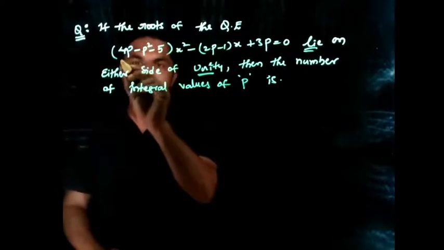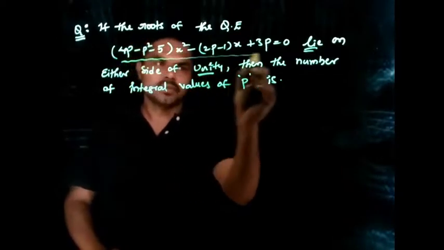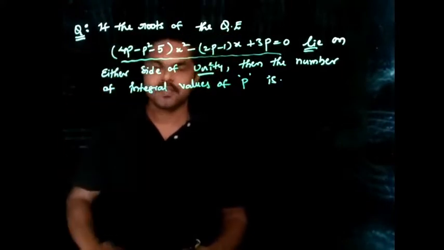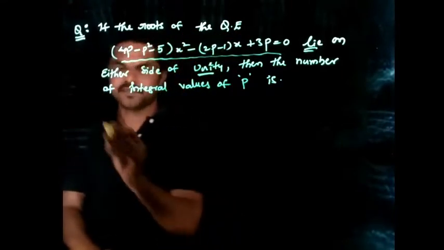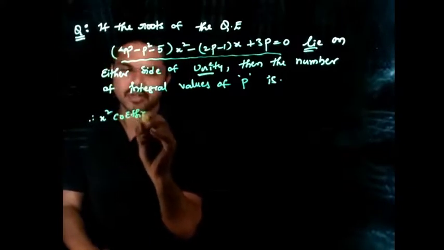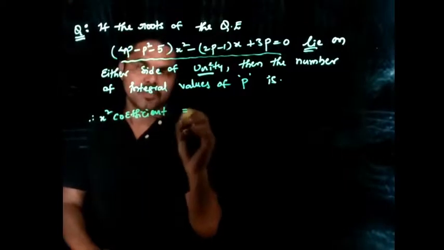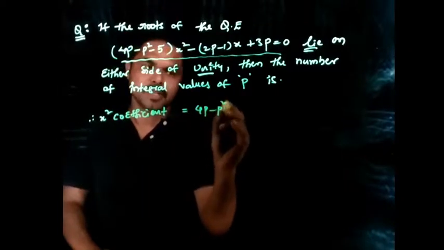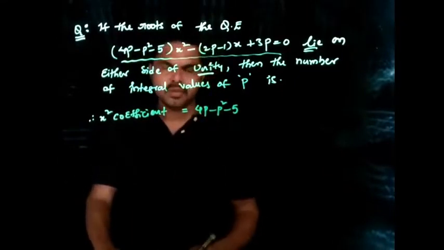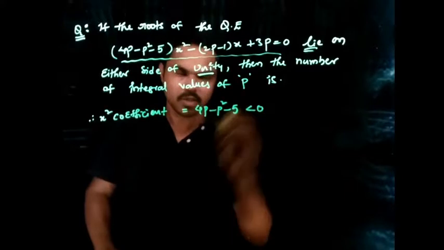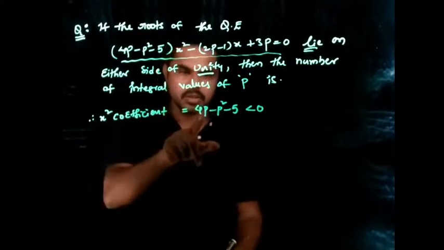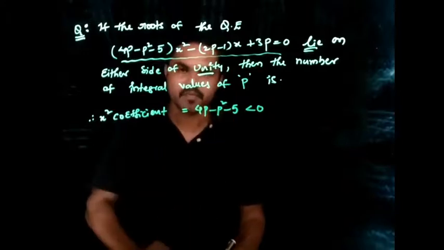First of all, this is the quadratic equation we have. Ax square plus bx plus c. Here a value is 4p minus p square minus 5. So the x square coefficient is equal to 4p minus p square minus 5. If you take any p value, you always get less than 0 values only. For example, if you take p value as 0, 0, 0, minus 5, less than 0.